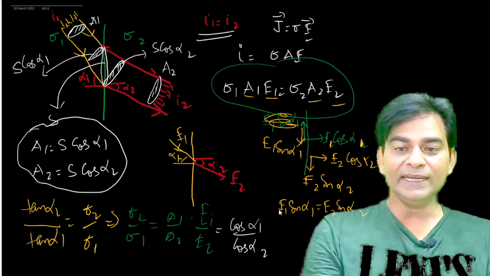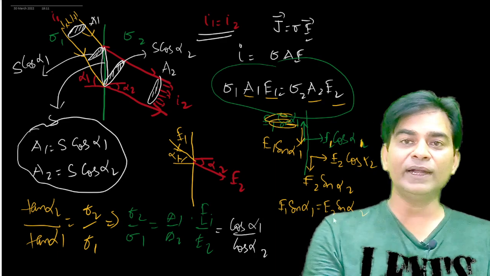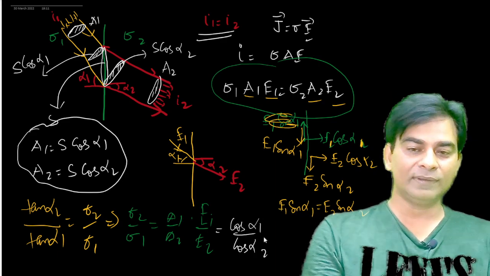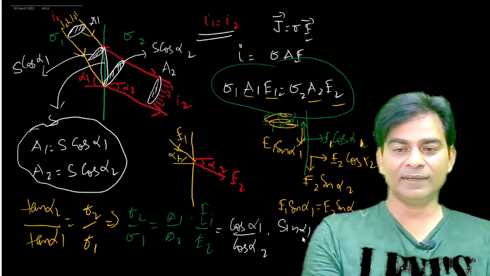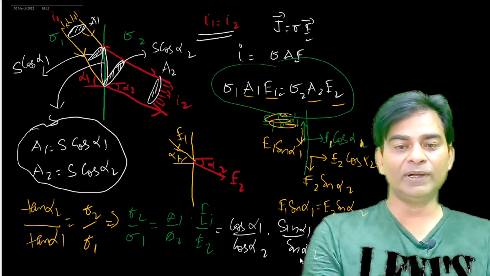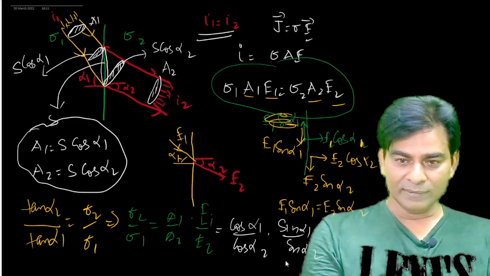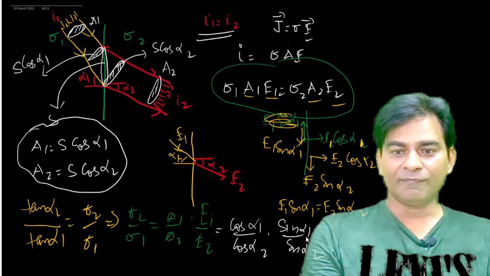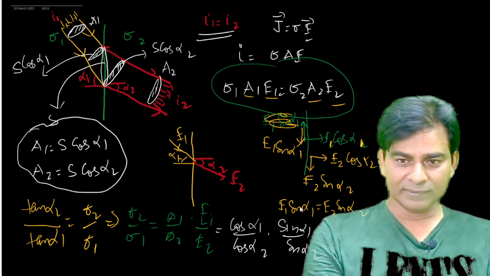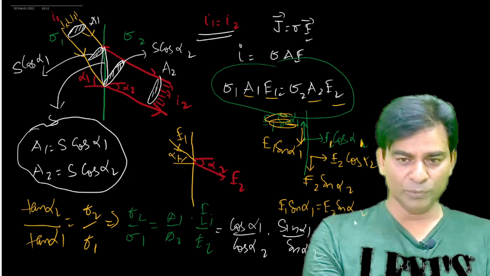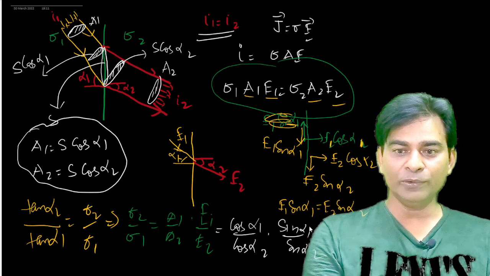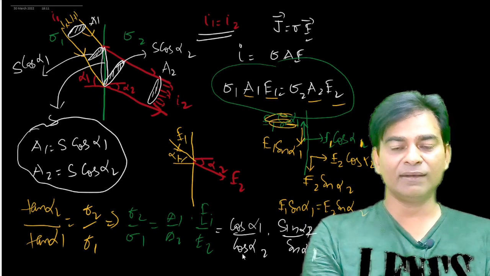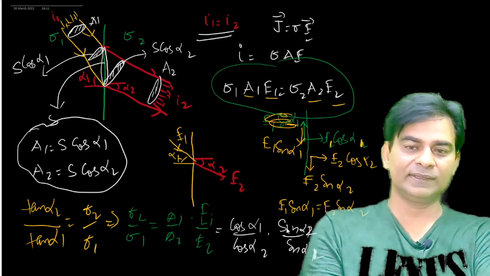And E1 by E2 from this boundary condition is sin alpha 2 divided by sin alpha 1. Okay, this was the mistake.